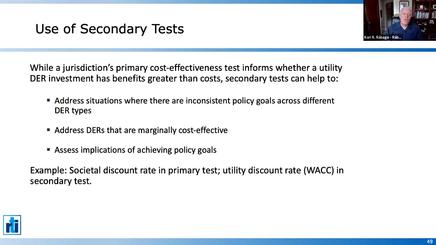And you may do that in specific situations, sometimes where policy goals can be a little confusing or even at odds with each other, or where you want to take a closer look at DERs that sit right around that 1.0 line, but just barely over, or maybe just a little shy.